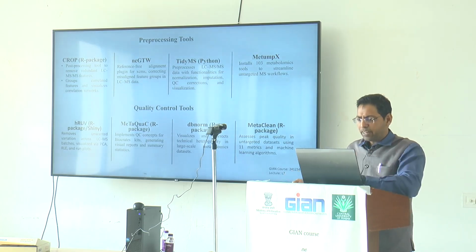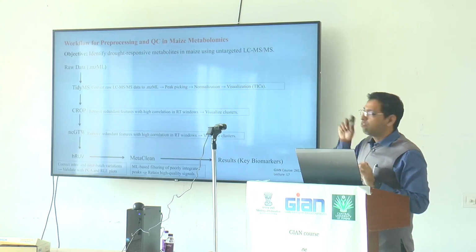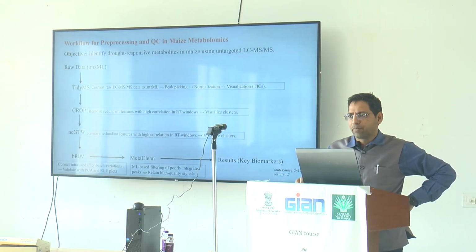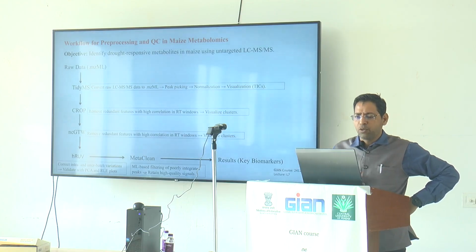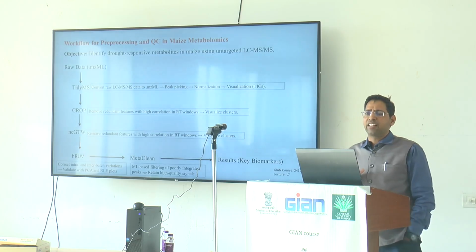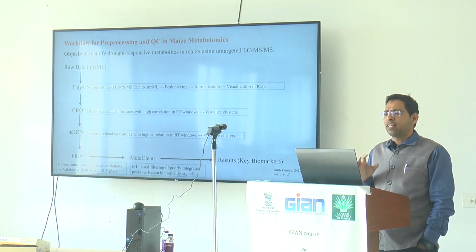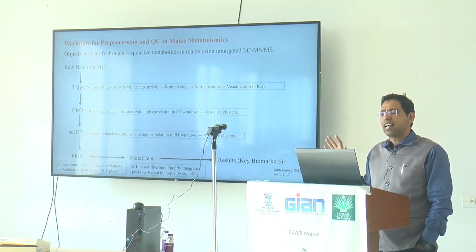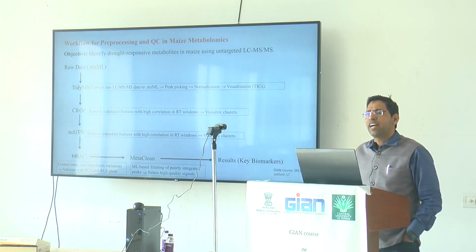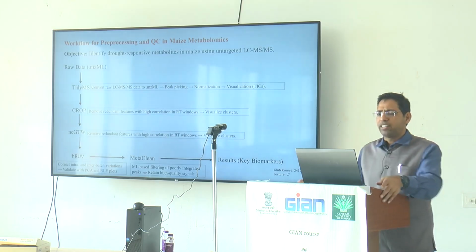Another important point is that I am giving the workflow for pre-processing and QC in maize metabolomics. So this is the workflow which you have to use. The first objective is identifying the drought responsive metabolites in maize using untargeted LCMS and MS. So here we have to identify the drought metabolites, basically.